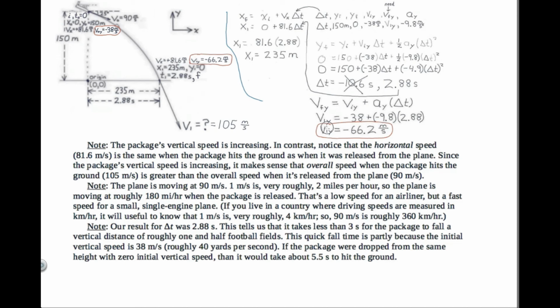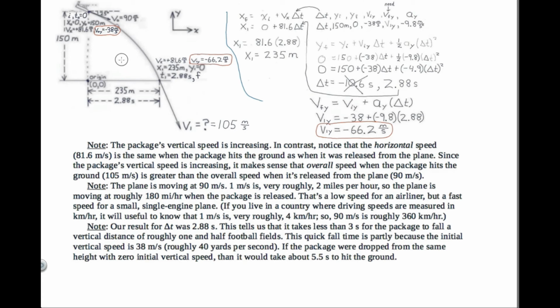Does the magnitude of our result for v sub 1y make sense? Well, it's interesting to compare the magnitude of v sub 1y, 66.2 meters per second, with the magnitude of v sub 0y, 38 meters per second. Does it make sense that the magnitude of v sub 1y is bigger than the magnitude of v sub 0y?